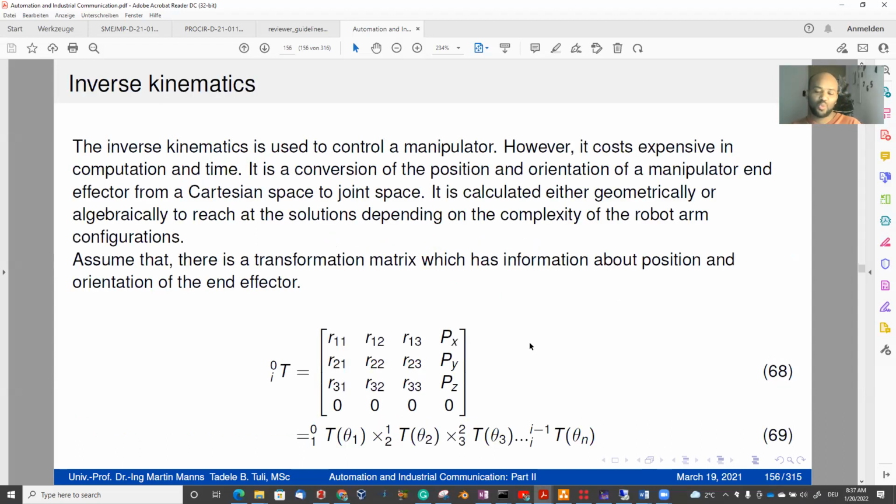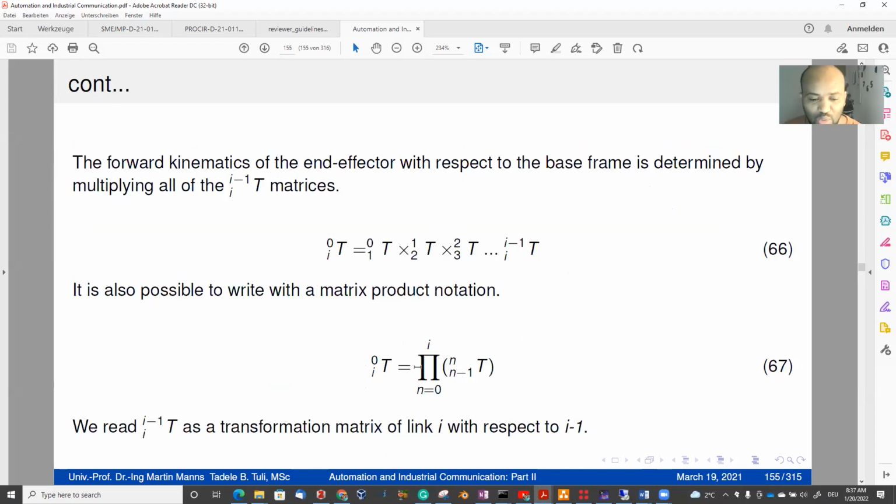But you have to know this. The other topic is what we call inverse kinematics. Inverse kinematics is nothing, it is making the inverse. So assume you have a transformation matrix which goes from 0 to i. I would like to mark here the order of these indices. It doesn't matter if it is consistent throughout.